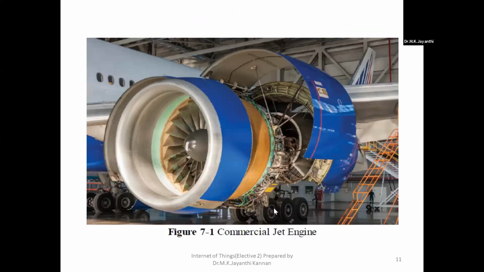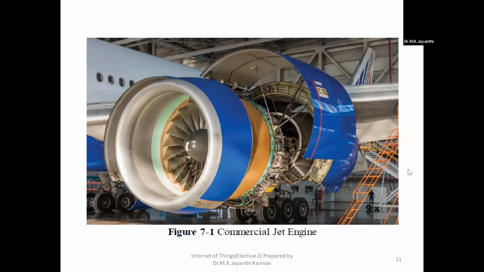In the wings itself, we are using more than 10,000 sensors, and each sensor is collecting data from the aircraft, and that data will be stored in a database. We need to process that data to monitor the efficiency of the jet engine.